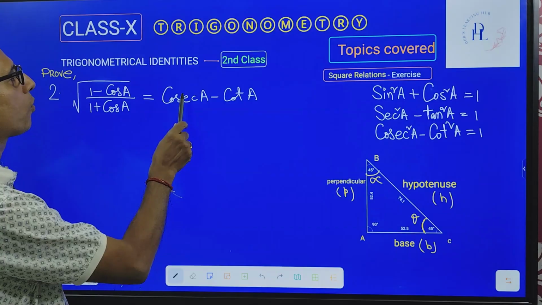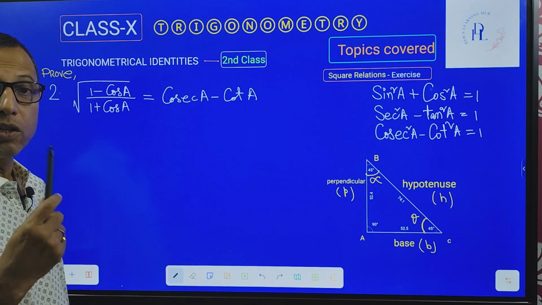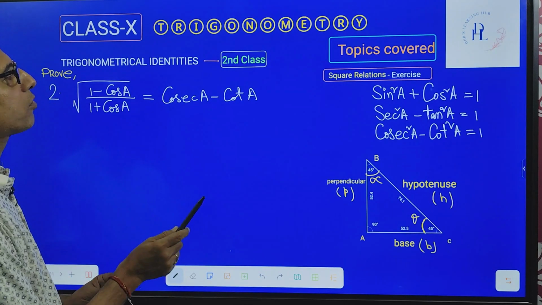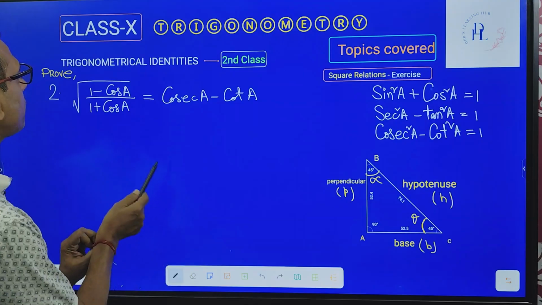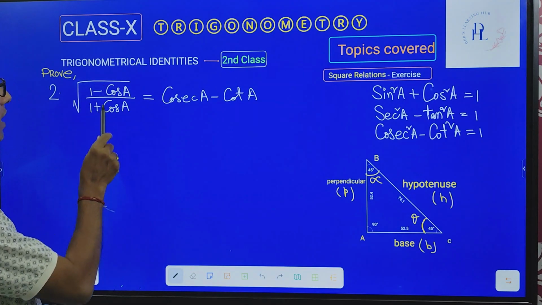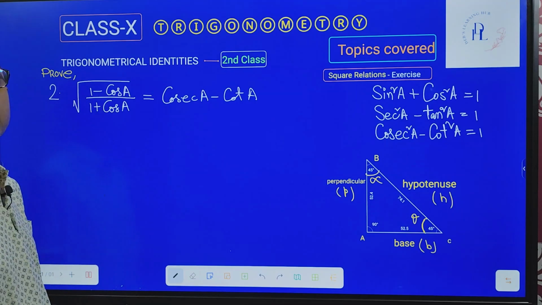On the right side you have cosec A minus cot A. Cosec A means 1 by sin A, so in the denominator you have sin A. In cot A also, cos A by sin A, there also you have sin A in the denominator. So you need to multiply in such a way that your denominator on the left hand side becomes sin A.